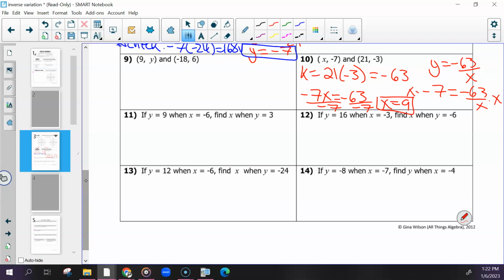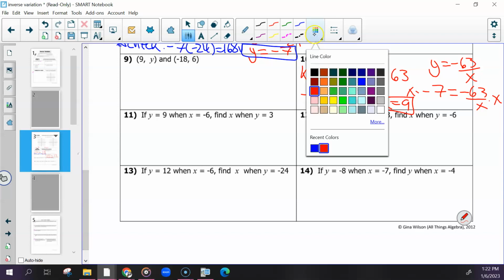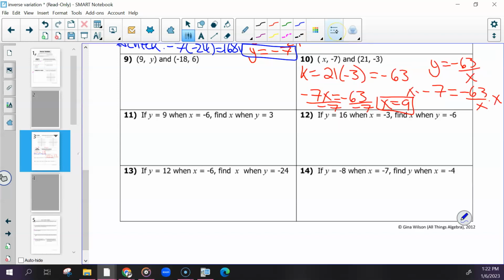Let's do a couple of examples with the words. Same process, just now it has words. So let's do 11. Take the numbers you have, multiply them together to find k. Take that k value, put it in your equation. So y equals negative 54 over x.